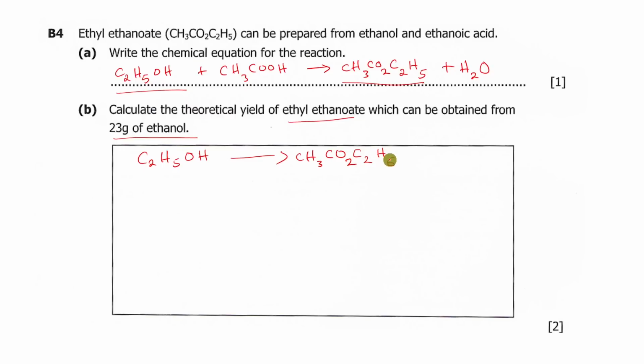So that's what we'll deal with. Since it is balanced, we'll use what we call molar mass to molar mass relationship. First of all, we are given 23 grams of ethanol. What will the yield be on the other side? We don't know. So we'll calculate the molar masses of each to use them as a relationship.